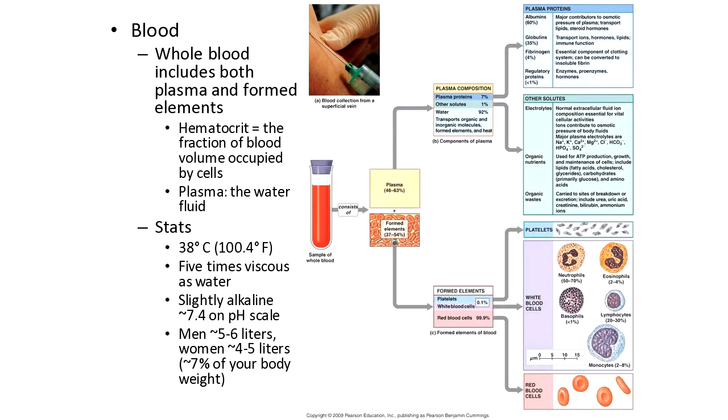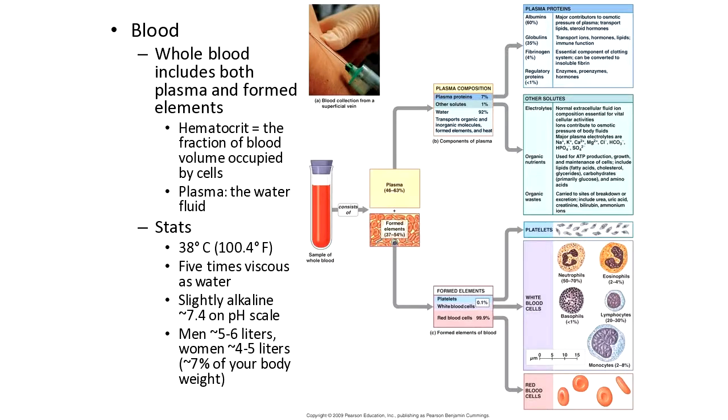Spinning it in a centrifuge will separate everything in the blood by weight. It'll get all of the heavy cells, which are bigger. They have phospholipid membranes, they have organelles, they have DNA, they have RNA, they have lots of proteins inside of them. So they're a lot bigger entities than your simple glucose, which is 6 carbons, 6 oxygens, and 12 hydrogens.